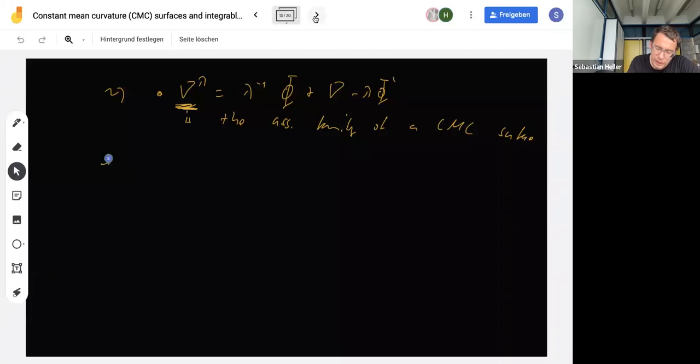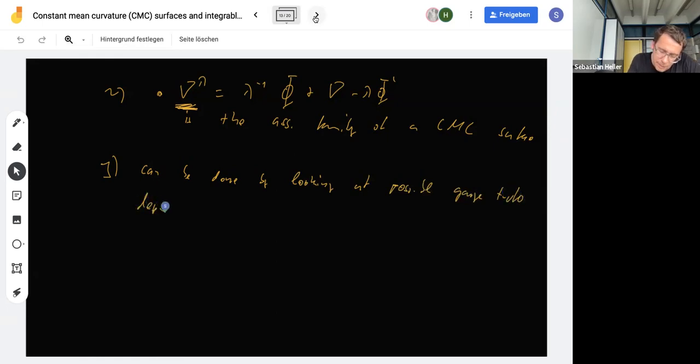So the third point can be done by looking at possible gauge transformations depending on the spectral parameter lambda.